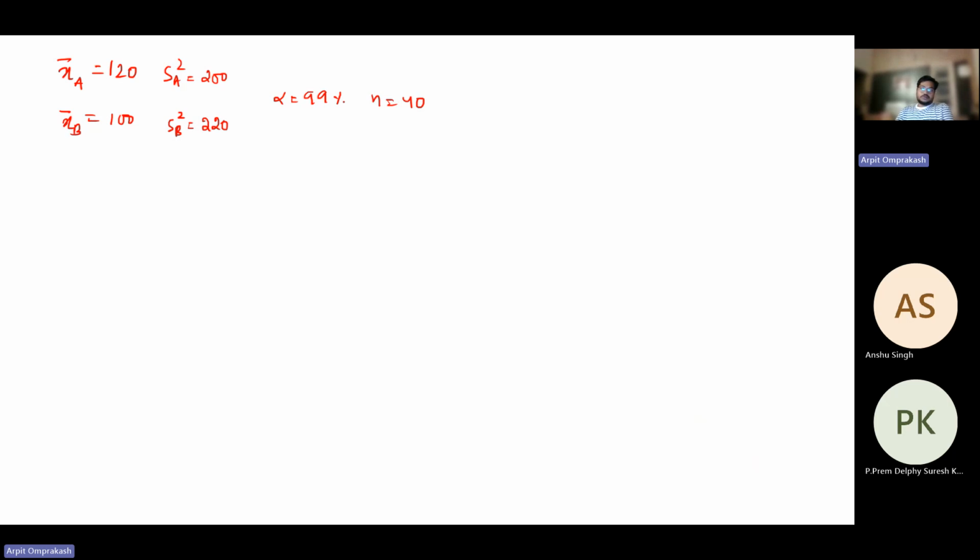Right. So as I said before, for the 99% significance level, the z of alpha by 2 will be equal to 2.58. It's easier if you just remember these few values. For 95% and 99%, it's 1.96 and 2.58.